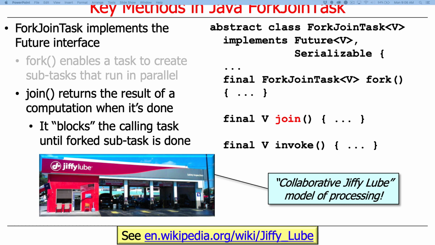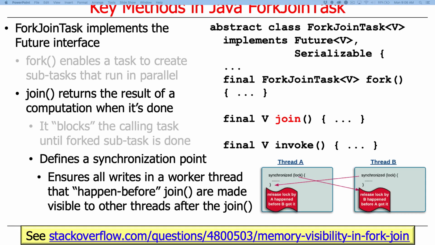It's different than the way that Java threads work with starting a thread and joining with a thread, in that when you call join, it blocks the calling task until the forked subtask is done, but it doesn't block the calling thread. The calling thread will actually pitch in and do other processing using the so-called collaborative join model, where when you call join, it'll run other things, and then when the task is done, it'll get the result and continue running.